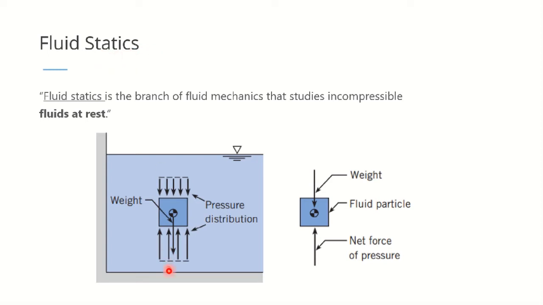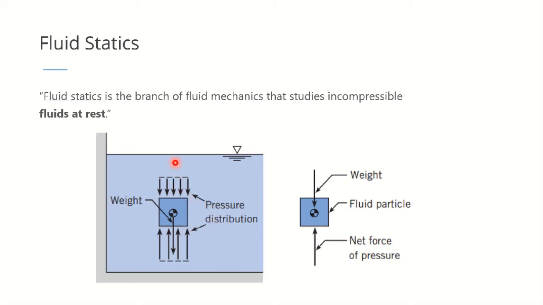Or in more technical terms, kung makikita nyo dito, we have here a fluid particle. So this fluid particle is stationary, meaning hindi siya gumagalaw dahil balance yung force niya. So in technical terms, the force acting on that body is balanced. So we have here weight and the net force of pressure. So dito sa isang figure, there's a pressure distribution.